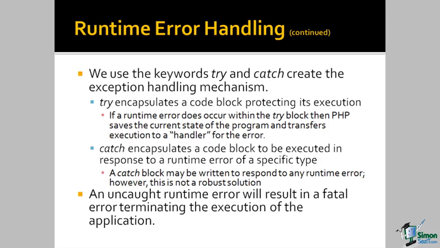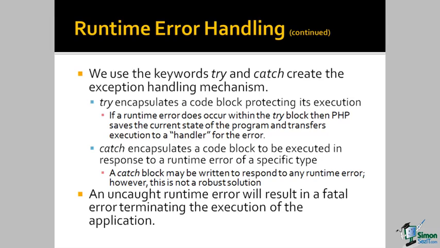The mechanism for managing these exceptions uses two new keywords, try and catch. Try and catch are part of the exception handling mechanism in PHP. Try encapsulates a block of code, protecting that block of code. Anything within the try block is protected from an exceptional runtime error.